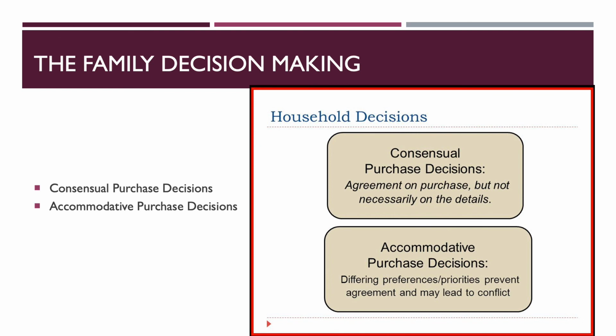So, consensual purchase decisions mean agreement on the purchase, but not necessarily on the details. And accommodative purchase decisions mean that family members differ in preferences and priorities, which prevents them from coming to an agreement, and may lead to a household conflict.